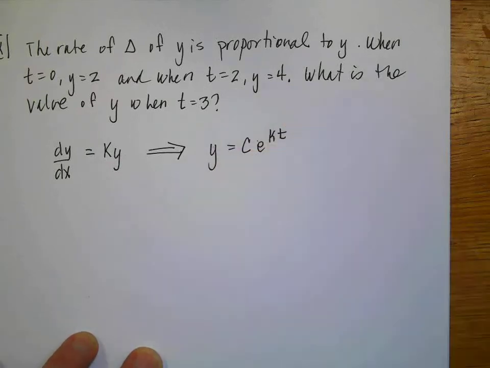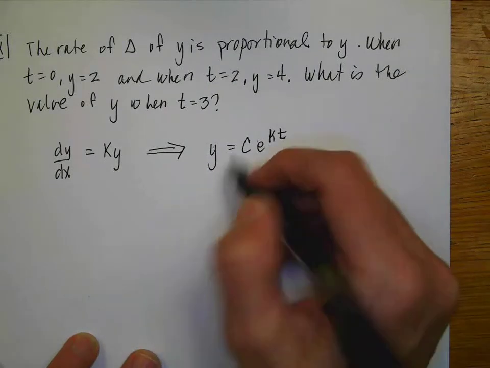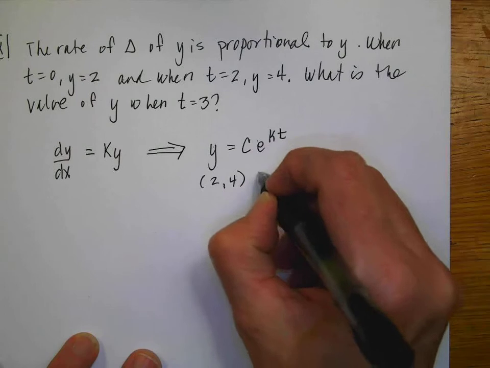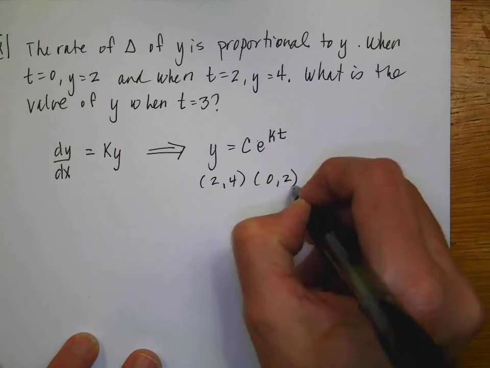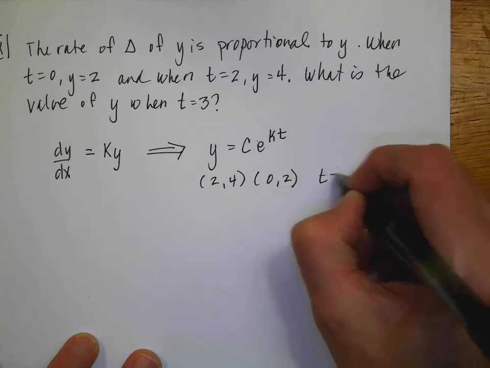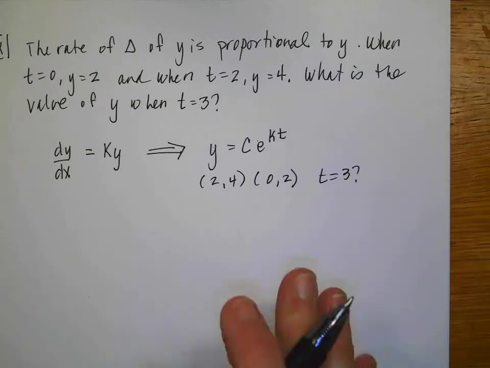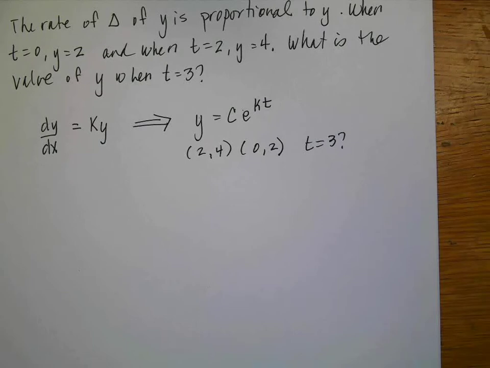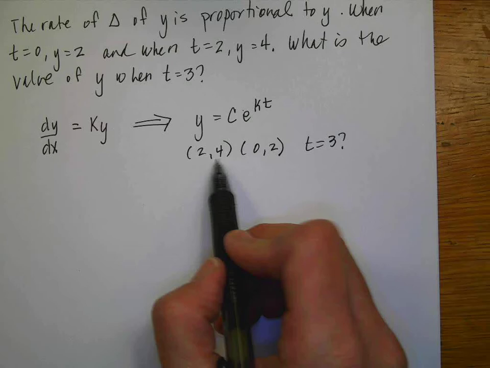The other thing that they've given me are two data points. I know 2 and 4, and then I know 0 and 2, and I want to know what happens when t is 3, okay?